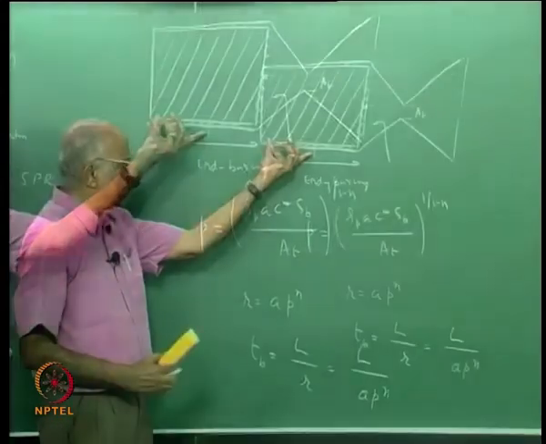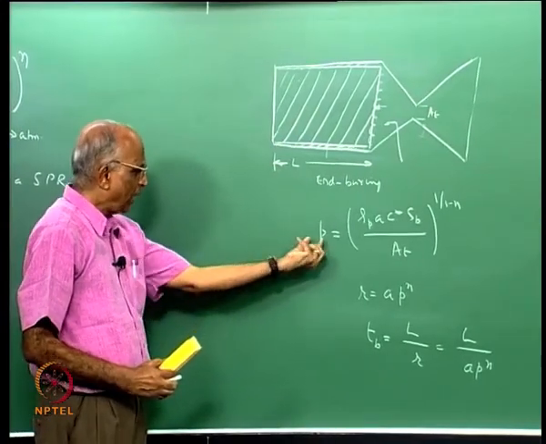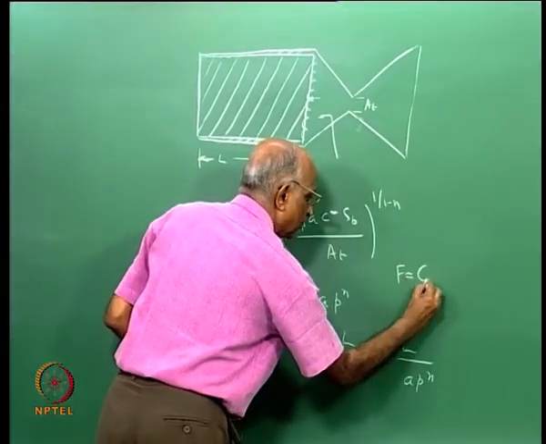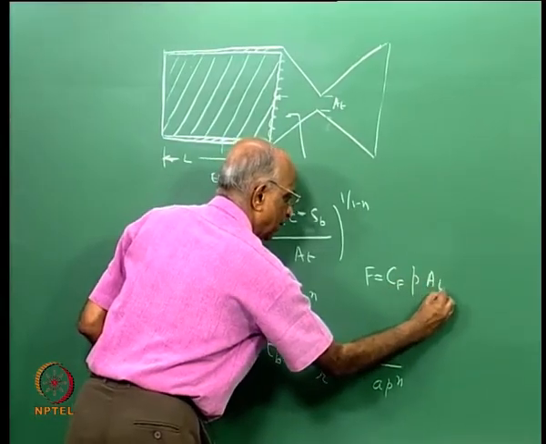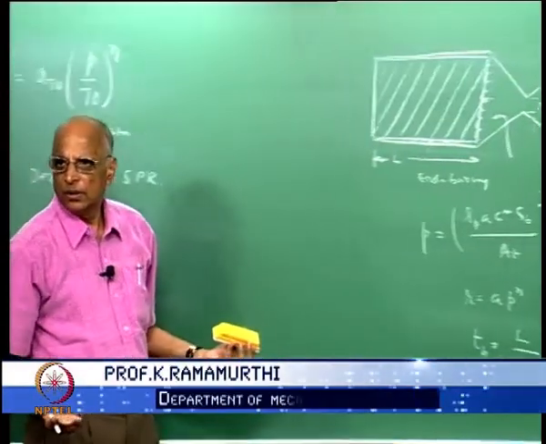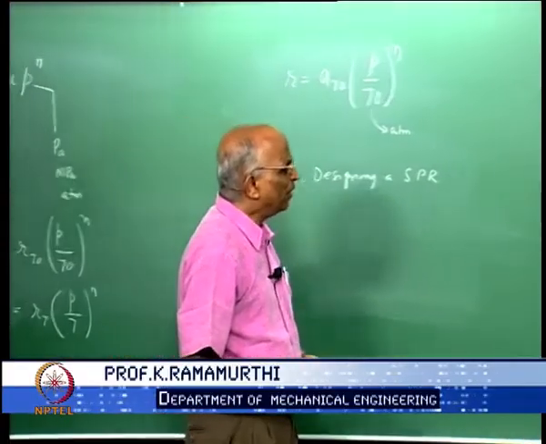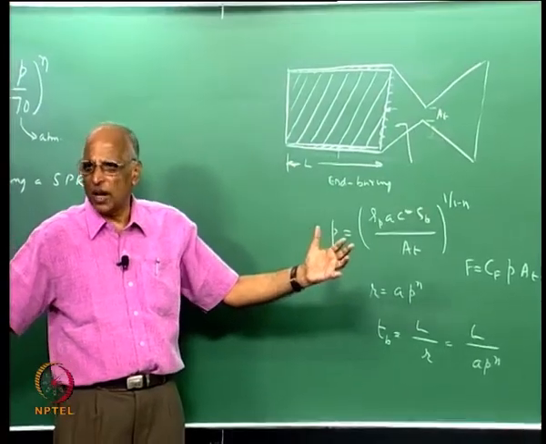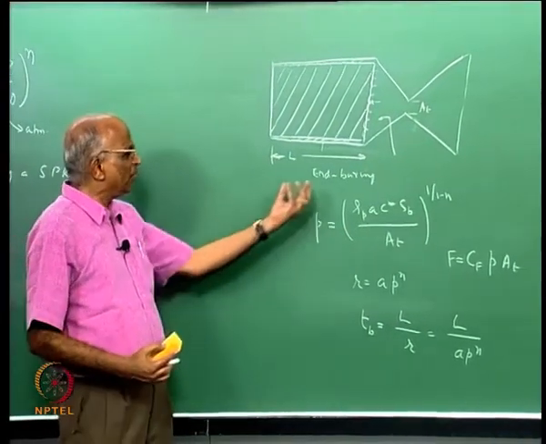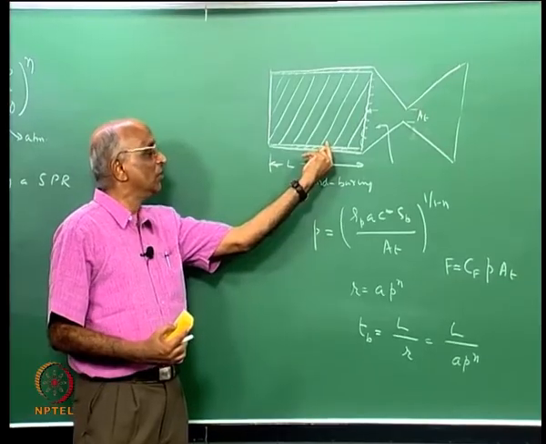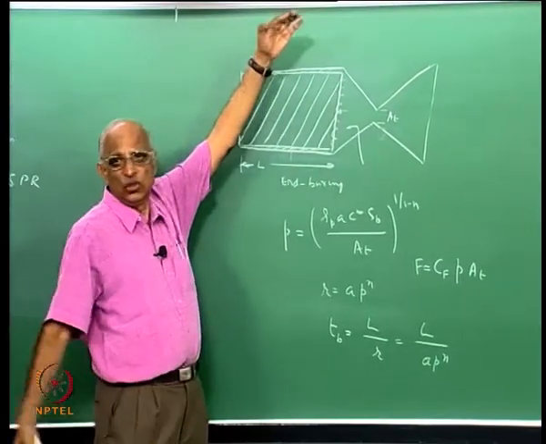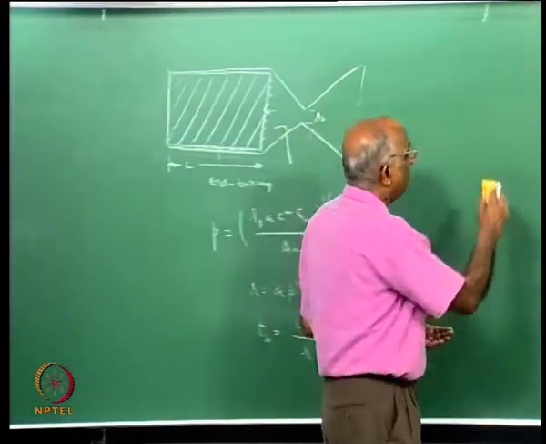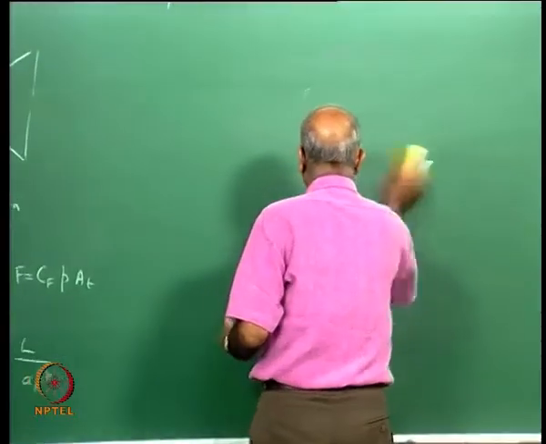That means the thrust developed by this particular rocket, I know the value of pressure, and the thrust developed is equal to Cf p into At, right. But what do I find? If I want a thrust, and we said solid propellant rockets are generally used where you want large thrust as booster stages, suppose I want thrust of several thousand tons, then in that case S b must be huge, it will be several kilometers, and I cannot have solid propellant rockets whose diameter is going to be extremely large.